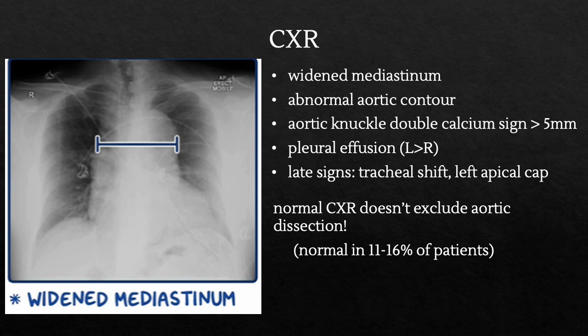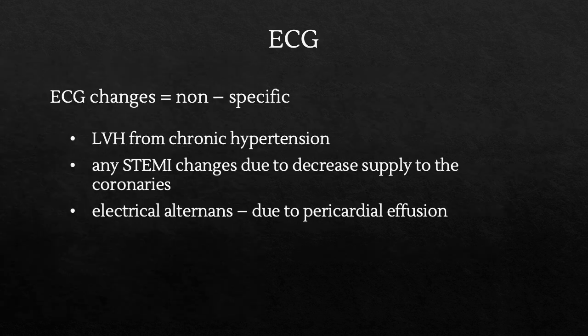Late signs may be tracheal shift or left apical cap due to the pressure effect of the blood accumulation. But what is important to remember is in 11 to 16% of patients, they might have a normal chest x-ray.